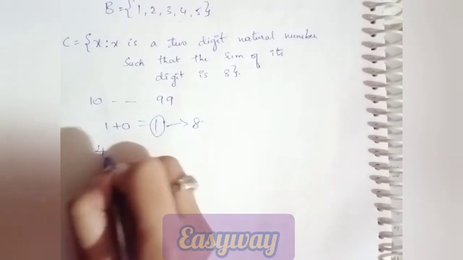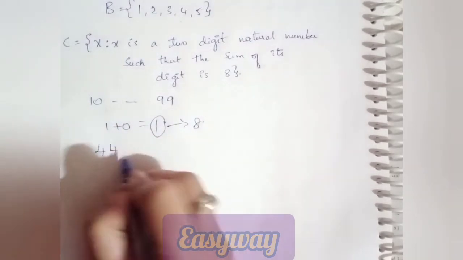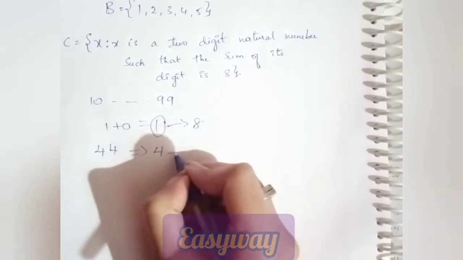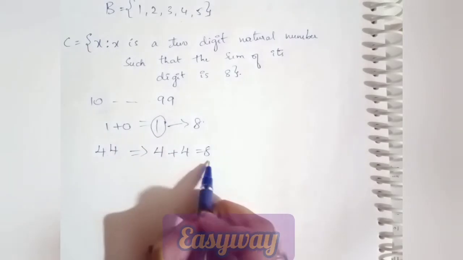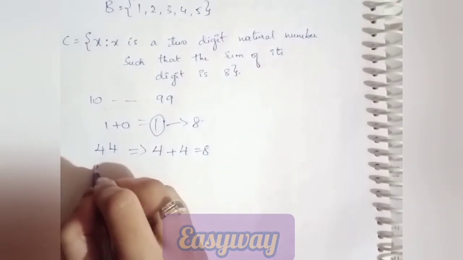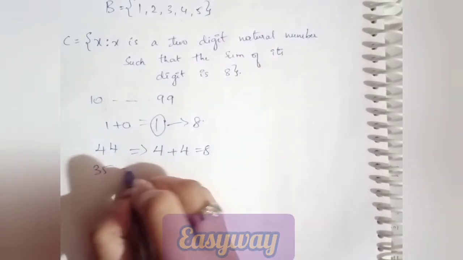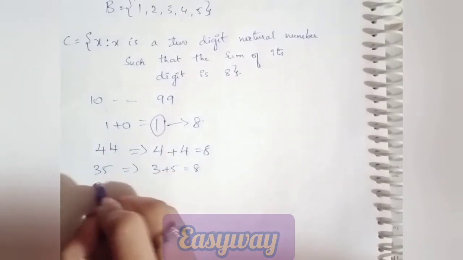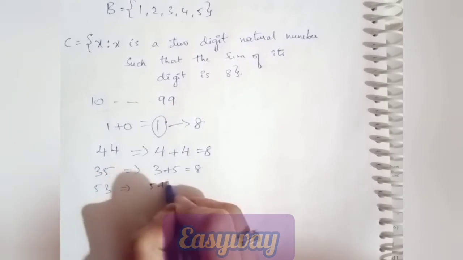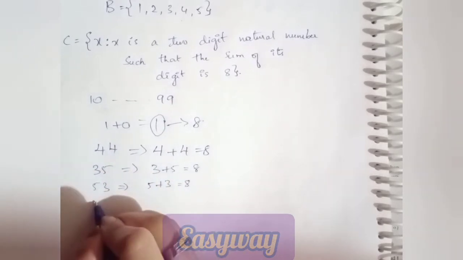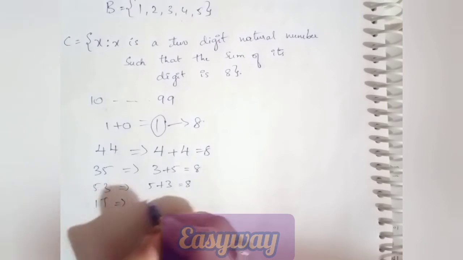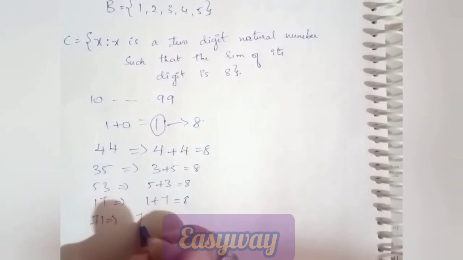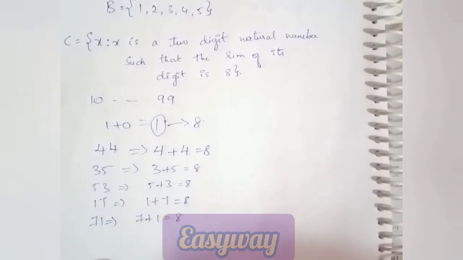First is 44. If we do its sum, that is 4 plus 4, we will get 8. Next, 35, that is 3 plus 5, is 8. 53, 5 plus 3, is 8. 17, 1 plus 7 is 8. 71, 7 plus 1 is 8.